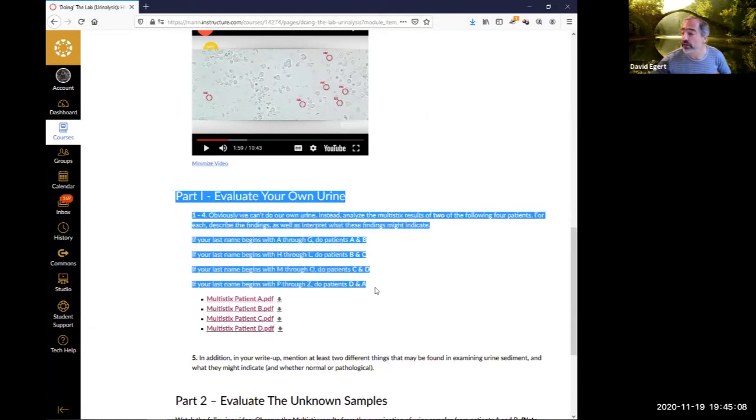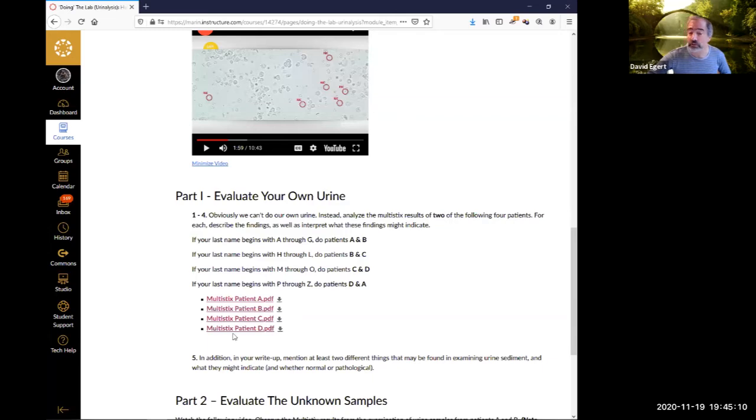For part 1, you are going to pick 2 patients based on this little chart here. For those 2 patients, you are going to evaluate the multi-stick results that are simulated in the little PDF, write down the results, and then write down what it means.